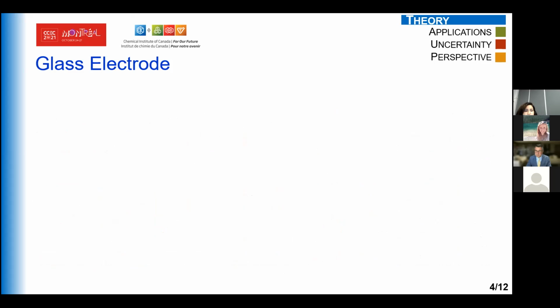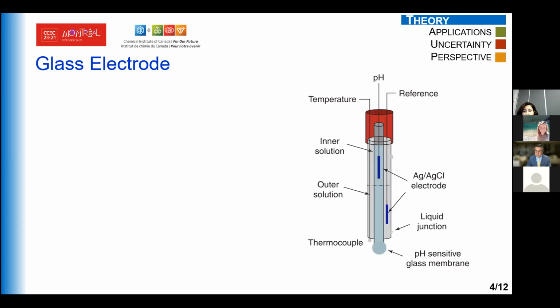So the most conventional measurement for pH is glass electrodes, which probably everyone has used. It consists of a silver and silver chloride electrode immersed in a potassium chloride solution, and the reference system is in the outer tube. The heart of the glass electrode is the pH sensitive glass, which is called the membrane.